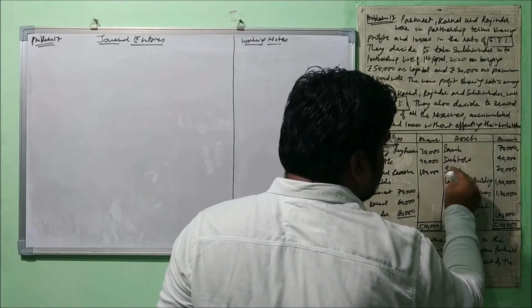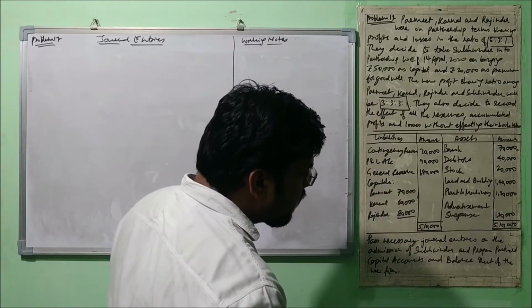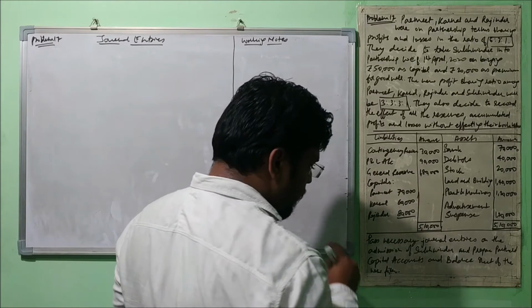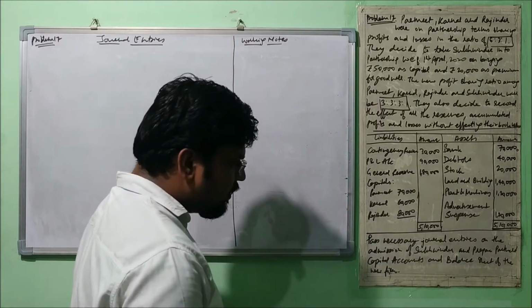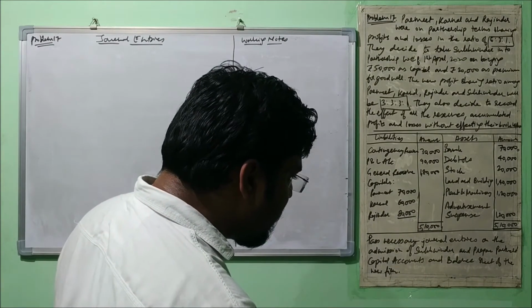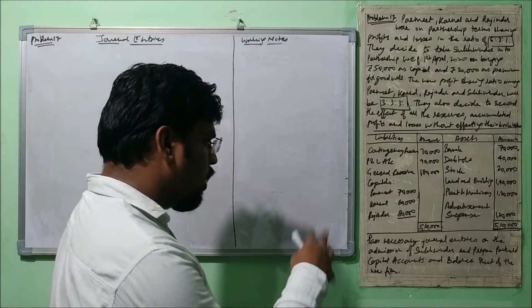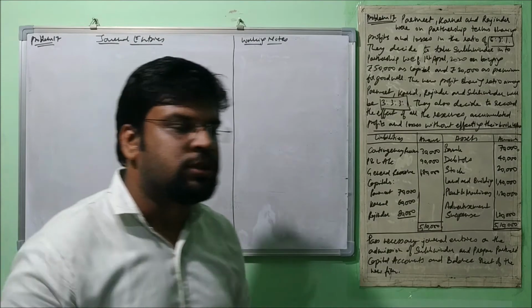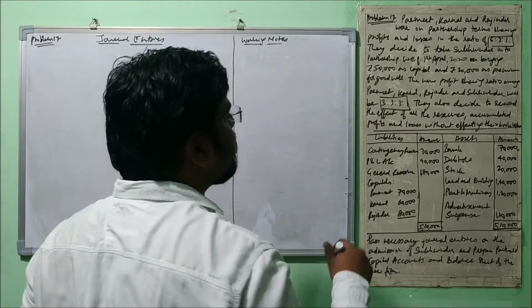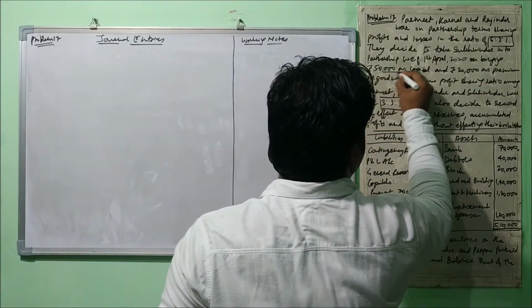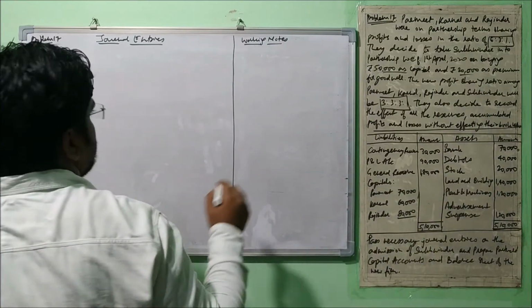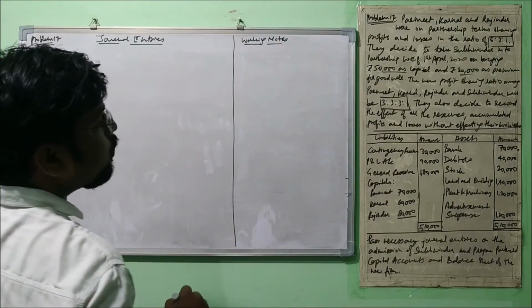On the asset side: bank, debtors, stock, land and building, plant and machinery, advertisement, suspense. Pass the necessary journal entries on the admission of Sukhwinder and prepare the partners' capital accounts and the balance sheet of the new firm. Without wasting much time, let's do the journal entries. The very first journal entry will be for these two things. On which date are we going to pass the entry?